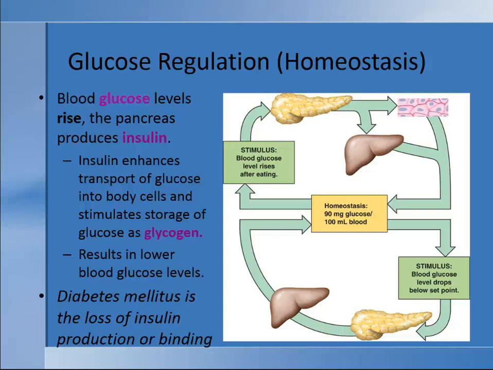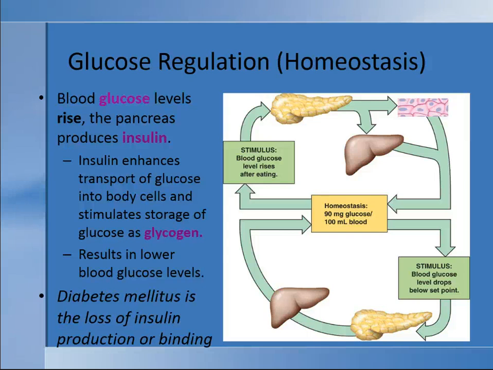As glucose levels rise in the body, the pancreas is going to produce insulin, and as we know, the inability to produce insulin or the inability of insulin to bind to its receptors, that is diabetes mellitus.